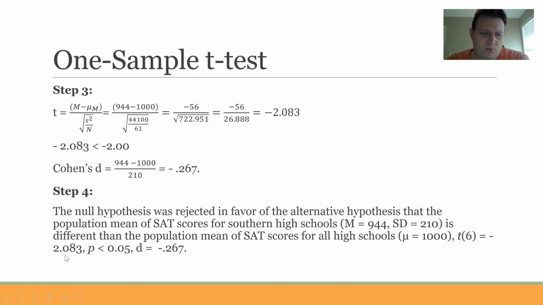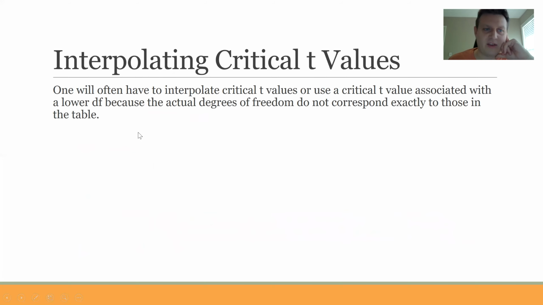Equals negative 2.083, comma, P is less than 0.05. Oh, no, it's not. It's greater than 0.05. Okay, no, I'm confusing myself. It's less than 0.05 because we did reject the null hypothesis. And Cohen's d is equal to negative 0.267. Okay, cool beans.